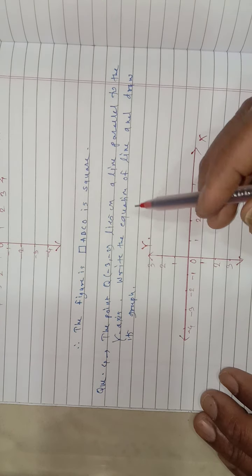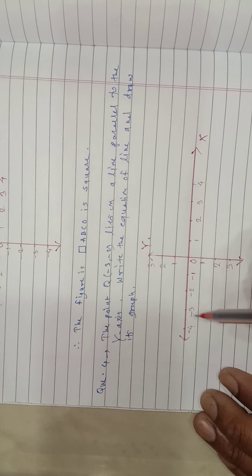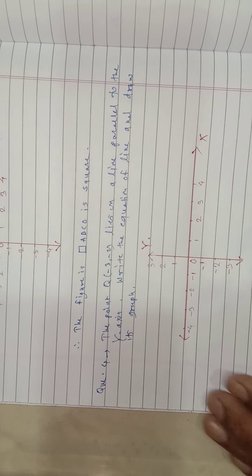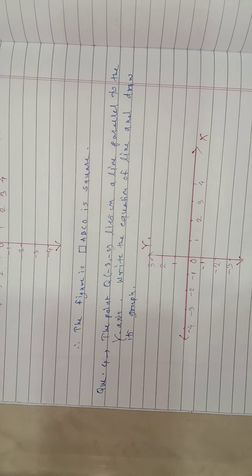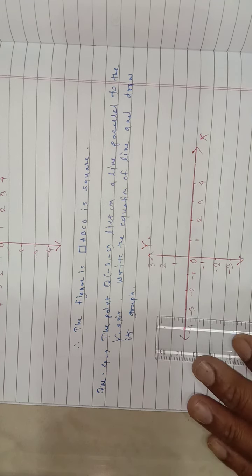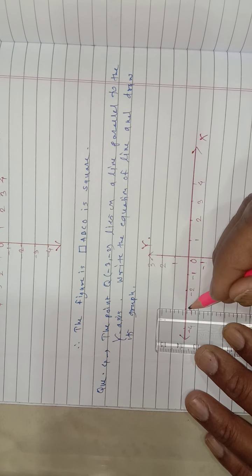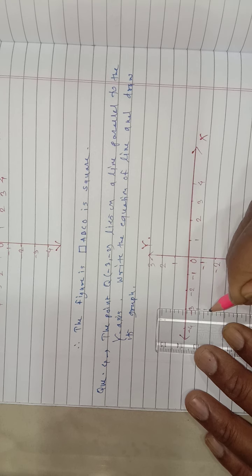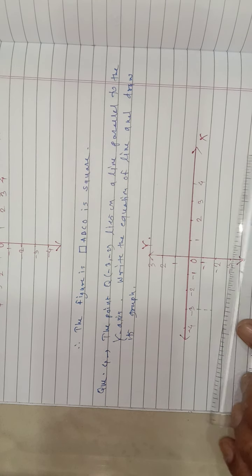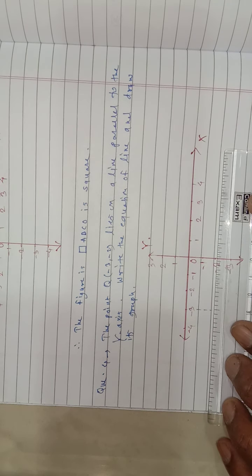The point Q is (-3, -2), meaning this is point Q. The x coordinate lies on -3 and the y coordinate of Q is -2.